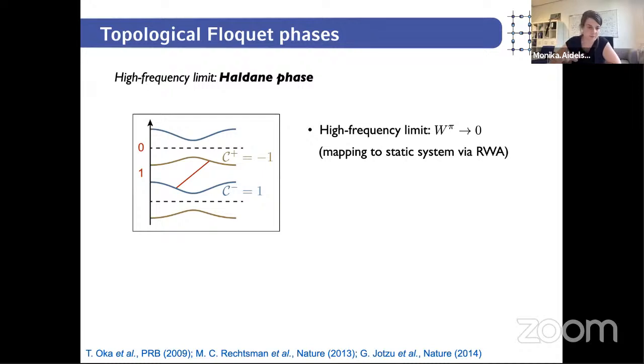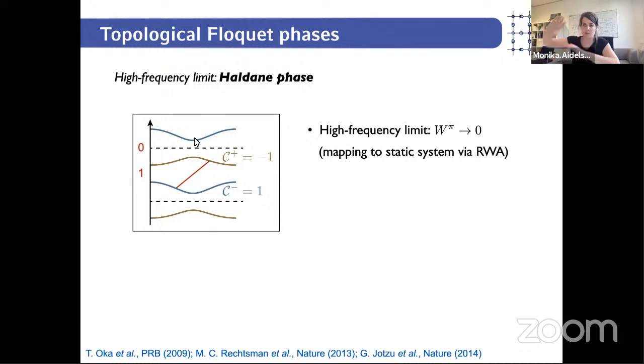And we know that if we have a very high frequency modulation, this allows us to open a gap at the Dirac cones to break time reversal symmetry and make the Chern numbers of the two bands non-zero. So this is what I denote as the well-known high frequency limit, where the Chern number of the two bands is equal to plus and minus 1. And we have an edge mode around zero energy.